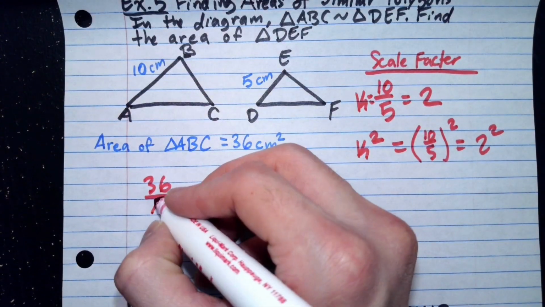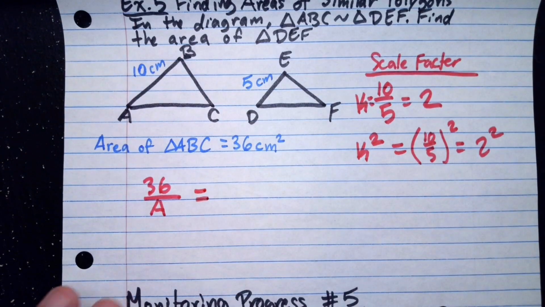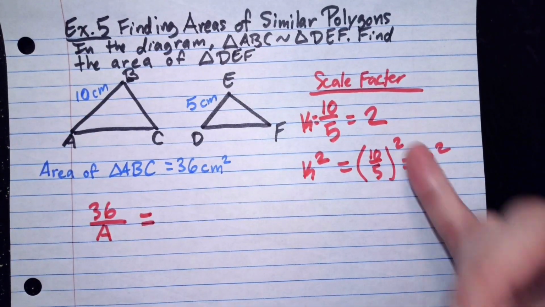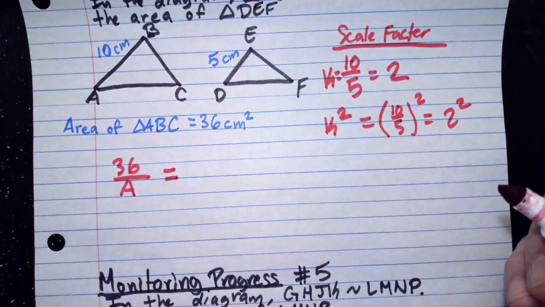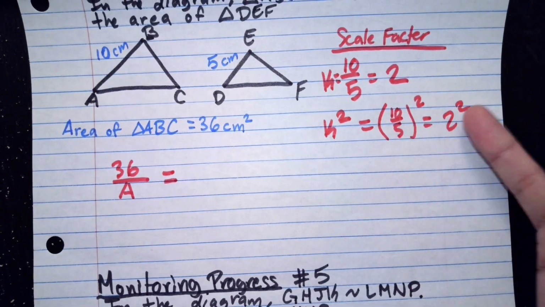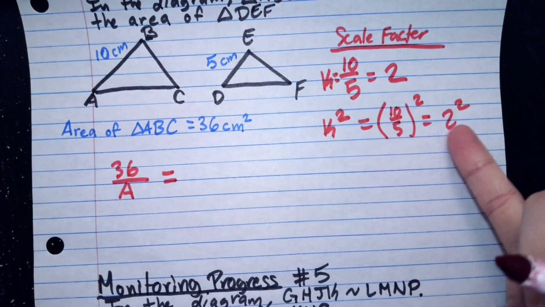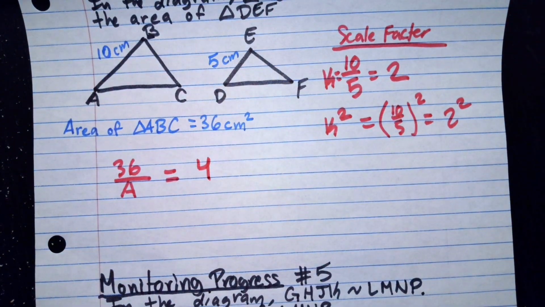I'm going to call it A for area. And that has to be equal to our scale factor to the second power, which is actually just 4, because 2 to the second power is 4.